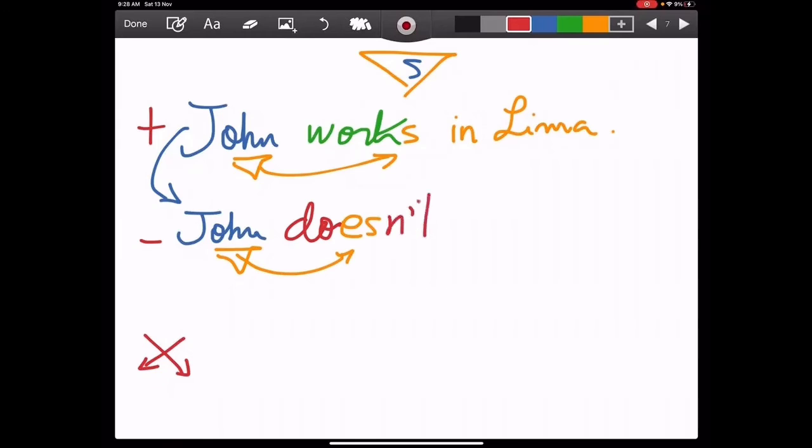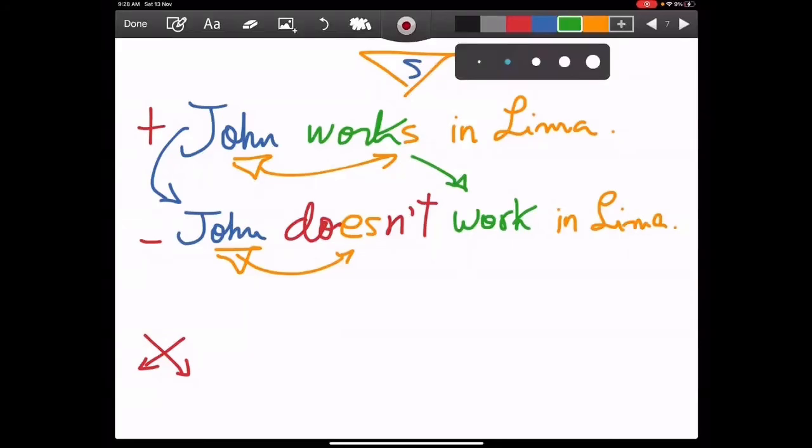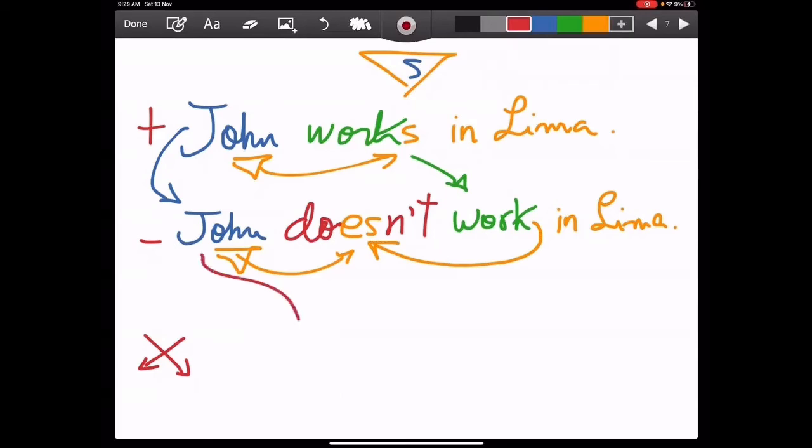If we use it together, doesn't. And then the verb work. Remember, the S is for the auxiliary, not for the verb, in this case, in negative. Okay, so it's John doesn't work in Lima. The S that was in the verb in the positive sentence will move to the auxiliary, doesn't.